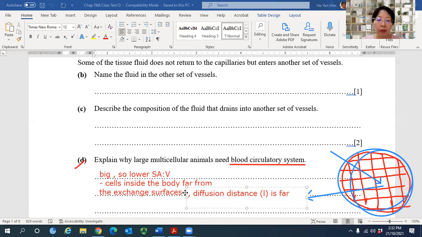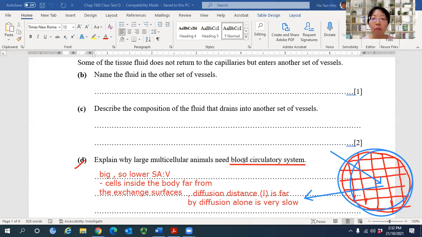So transport of material to the cell by diffusion alone is very slow, because the distance is far, so the diffusion rate becomes very slow. Diffusion alone is inefficient to get enough exchange of materials between the external and internal environment.